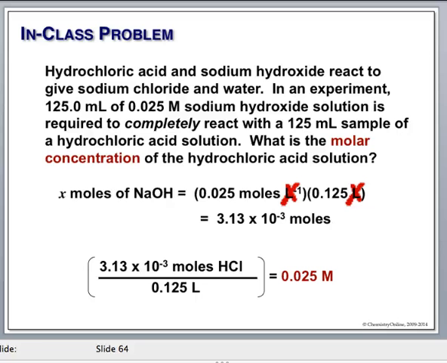If they neutralize each other, they must have the same concentration. So I set that up hoping that at least the top few people in the class would just look at it right away and say, oh, 0.025, of course. Wow. Any questions?